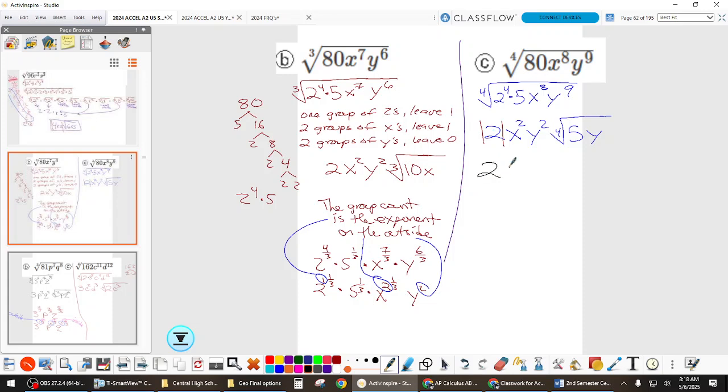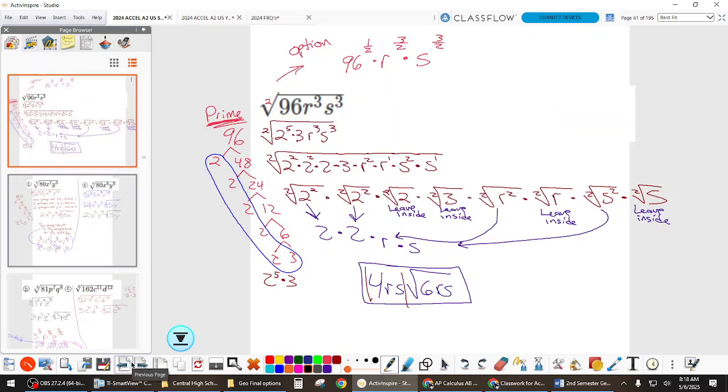So we could have written this as just 2x squared y squared. Why didn't we have to do these two in an absolute value? Those are even exponents. They're to an even power, which forces them to be positive, correct? Yes. Okay, and then this one, we had a square root ending in r and s. So we don't need the 4.